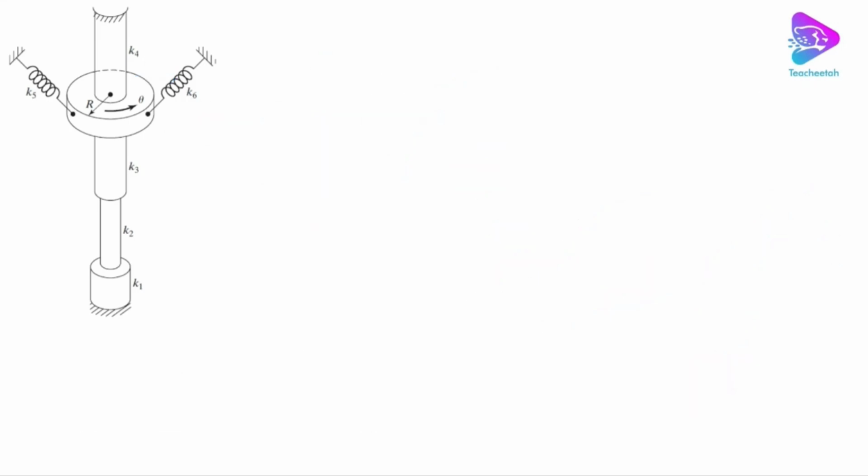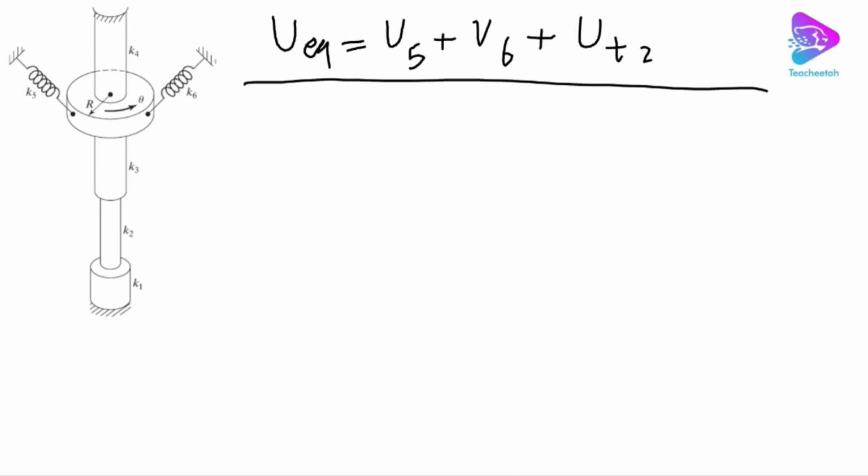Okay, so let's see what we have here. We ended up with this expression, U is equal to U5 plus U6 plus UT2, right? So let's figure out the potential energy components for this expression.